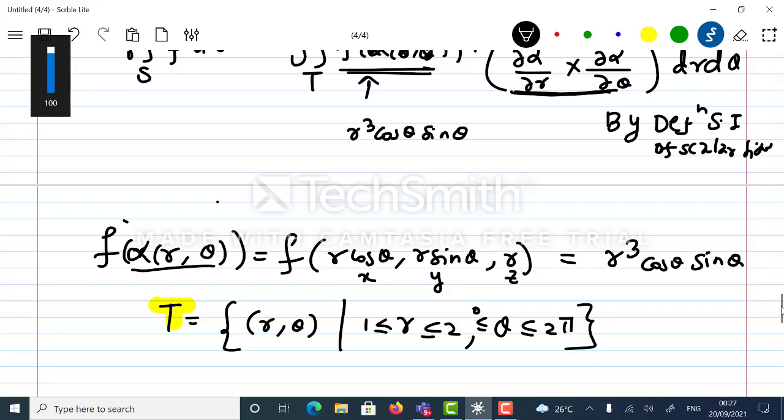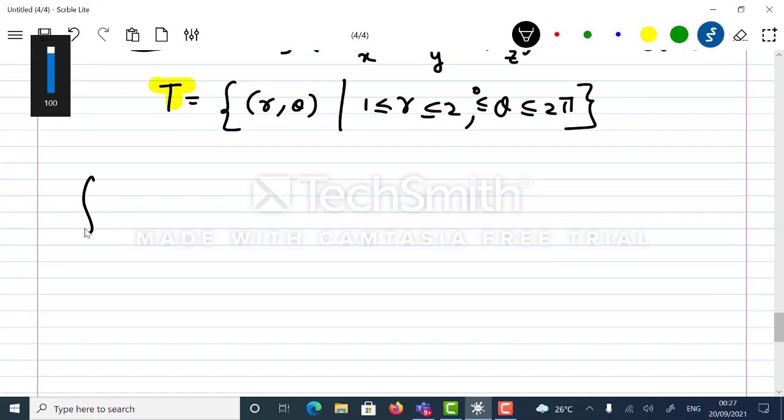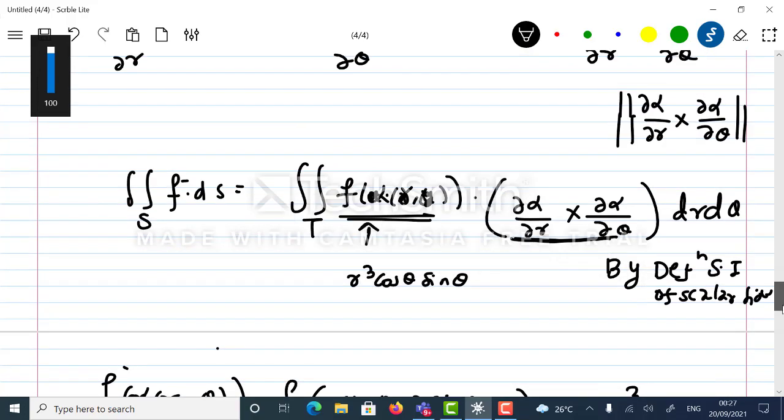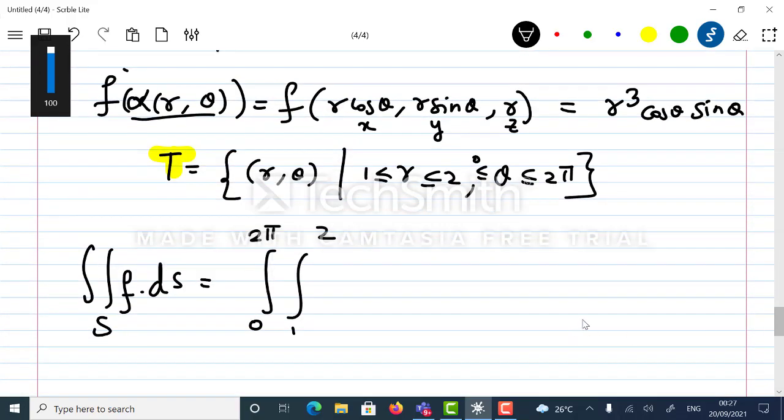Then your next task is to find the surface integral. The surface integral over S of f dot dS is the integral of theta from 0 to 2 pi, r from 1 to 2, of r cubed cos theta sin theta, and then the norm also you need to find.